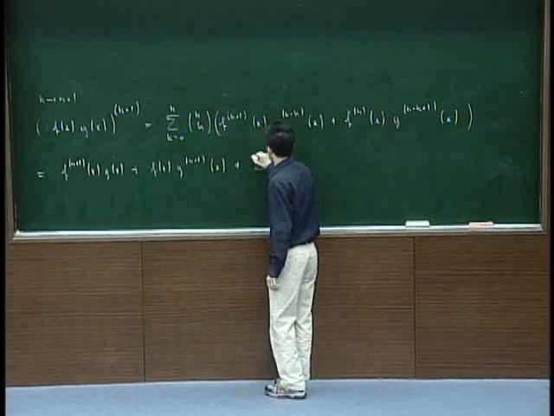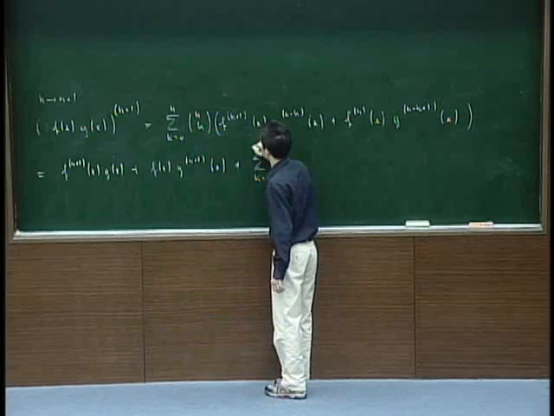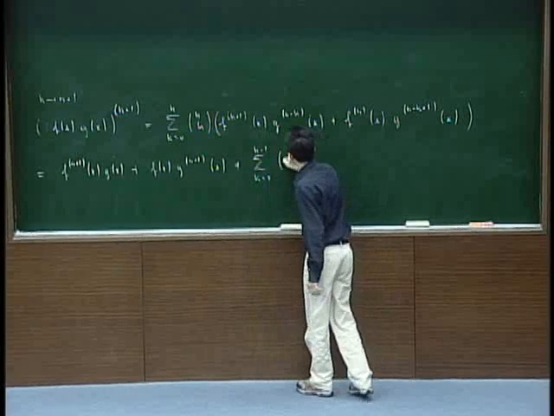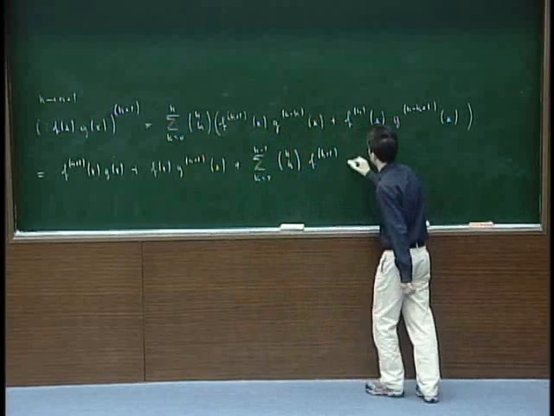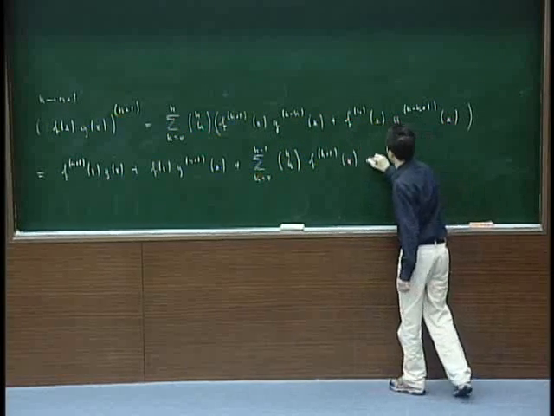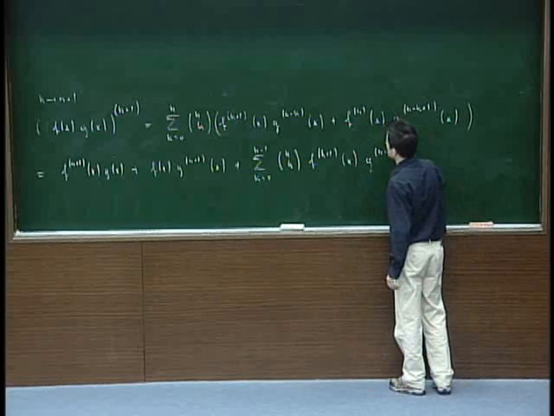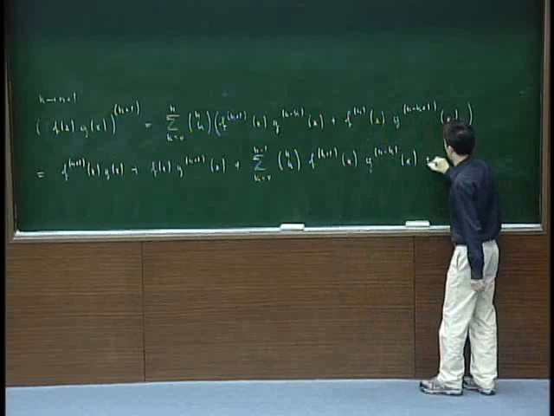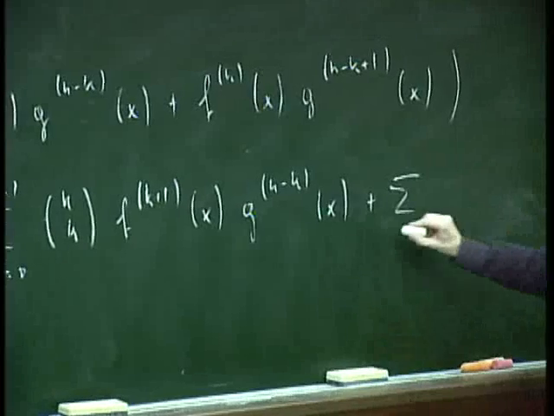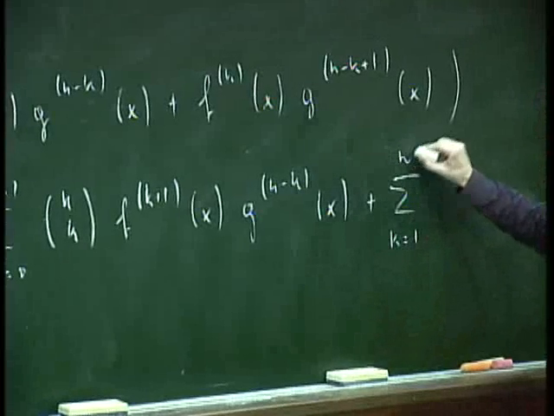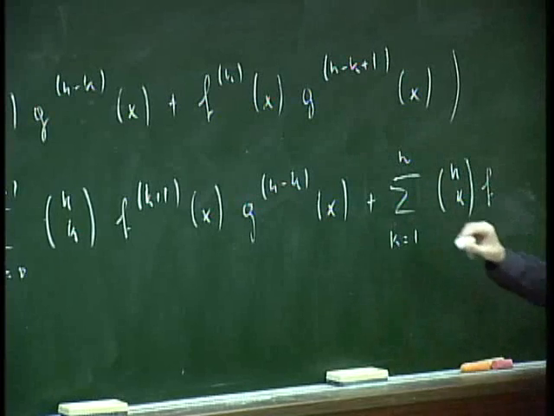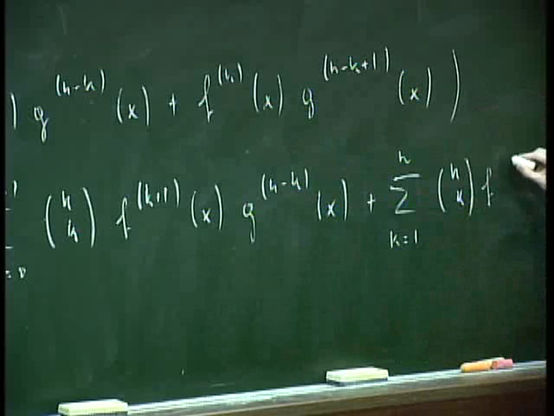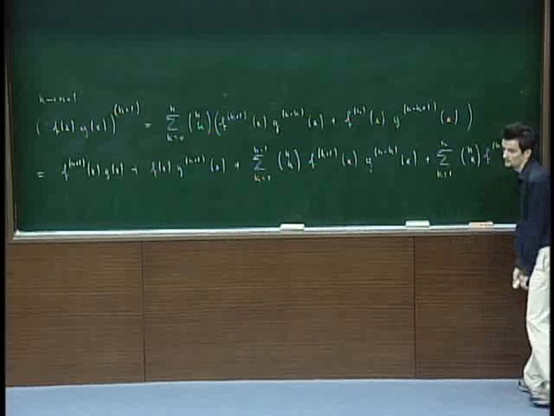So we still have the sum k from 0 to n minus 1, n choose k, f k plus 1 of x, g n minus k of x, plus the sum k from 1 to n, n choose k, I drop now the x, f k g n minus k plus 1.